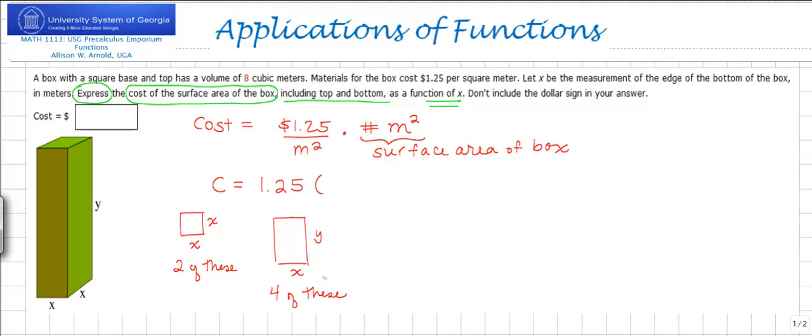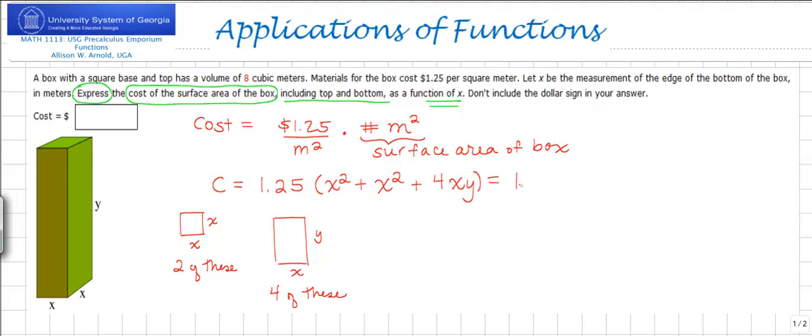So your surface area is basically the total of the areas of all the surfaces. So let's keep it simple. It's the area of the bottom, which is x times x, or x squared, plus the area of the top, which is also x squared, plus the area of each of the four sides, totaled up, would be 4xy.